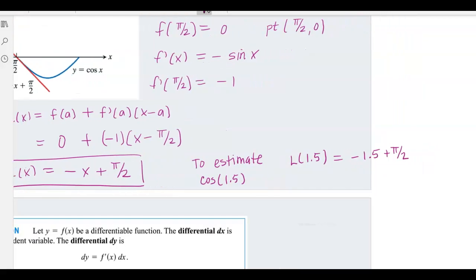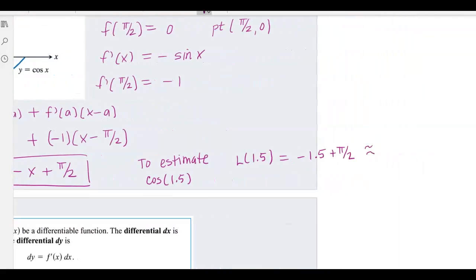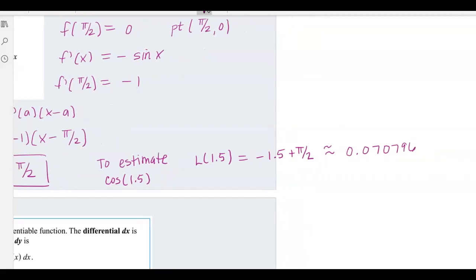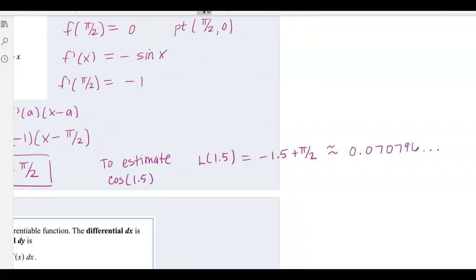I'm going to put that into the calculator. And I get 0.070796. This goes on, but I'm just going to go out to here.